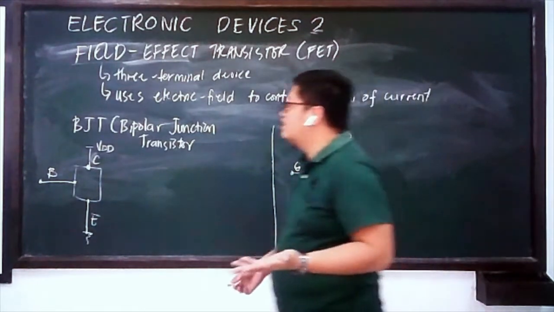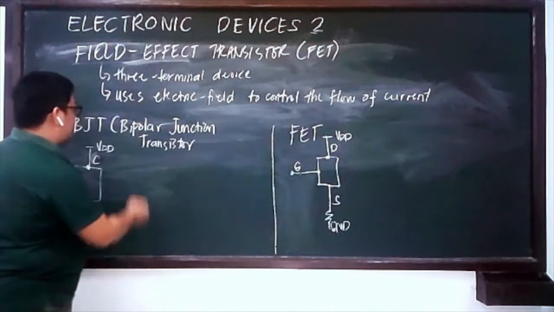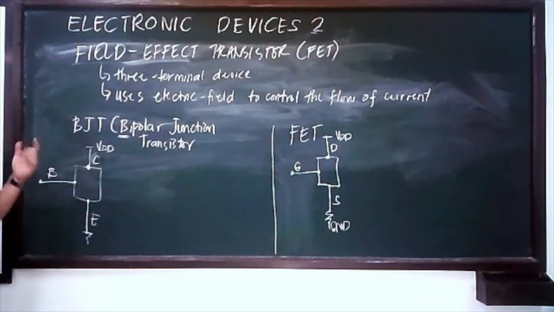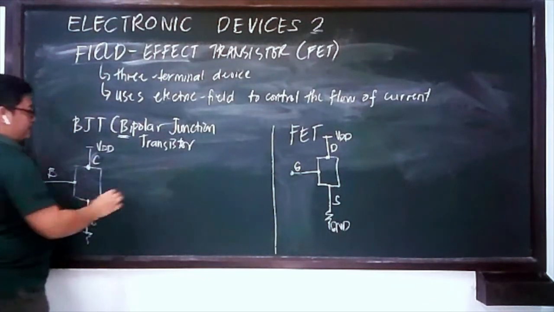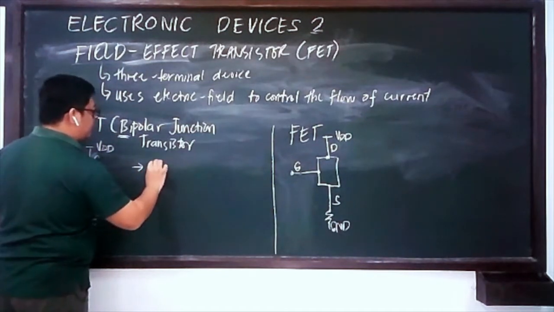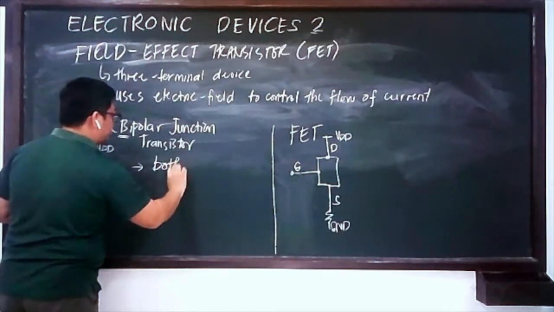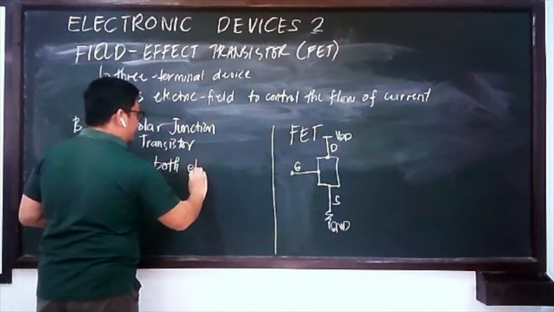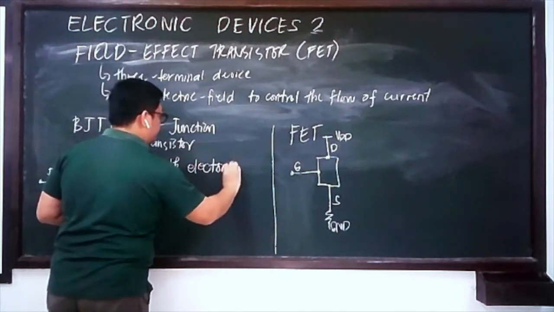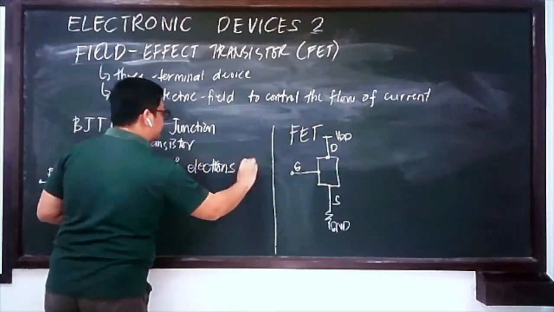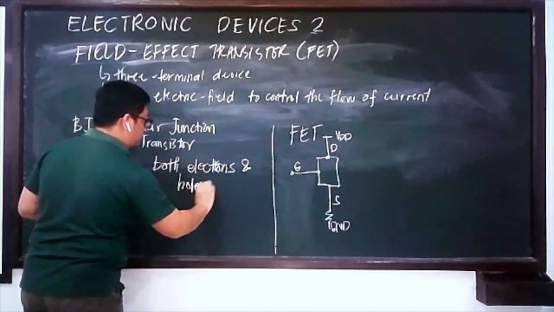ground. From the word itself, bipolar, this transistor device is basically controlled by both your electrons, or the negatively charged particles, and your holes.